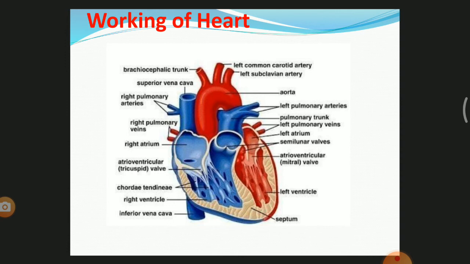The contraction of the heart is called systole, and relaxation of the heart is called diastole. Systole and diastole together are called a cardiac cycle, or one heartbeat. In this way the cardiac cycle, or working of the heart, takes place.